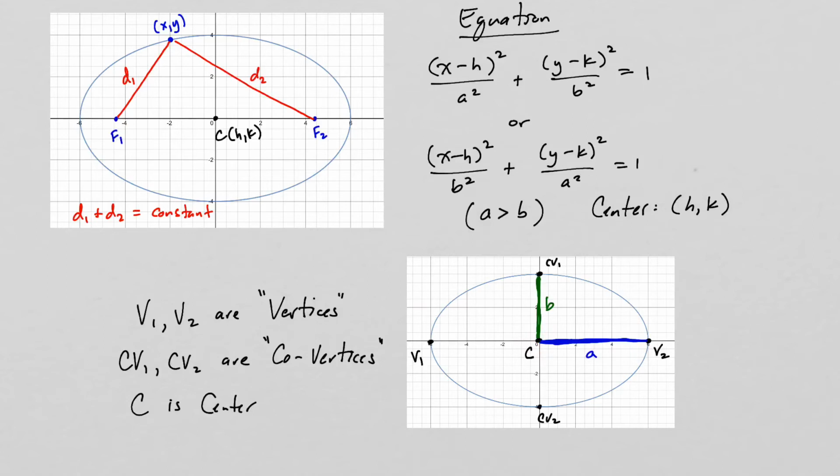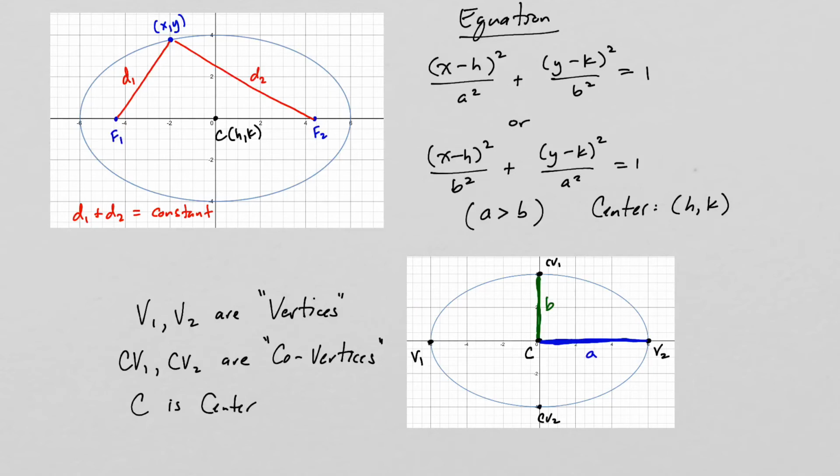Now, one other thing that I'm just going to mention here is the distance from the vertex here all the way across to the vertex here. That is what we call the length of the major axis. And the distance from the co-vertex here to the co-vertex here, this is what we call the length of the minor axis.